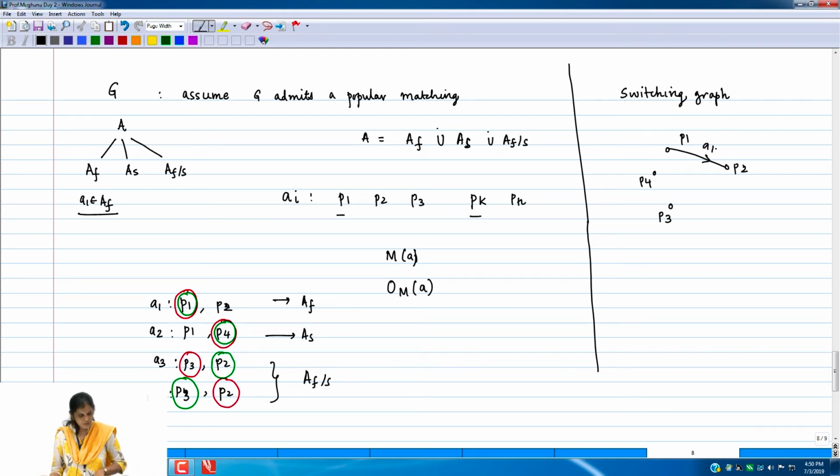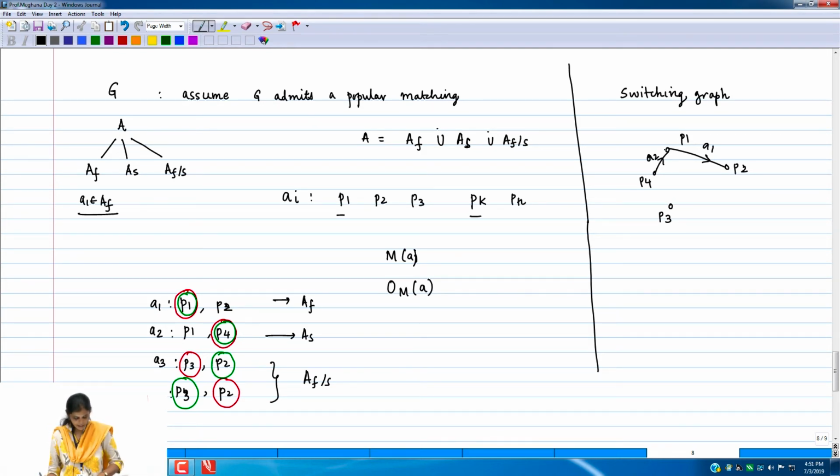What about A2? What is M of A actually? P4. And what is OM of A2? P1. So we will go from P4 to P1. This edge is labeled as A2. What about A3?